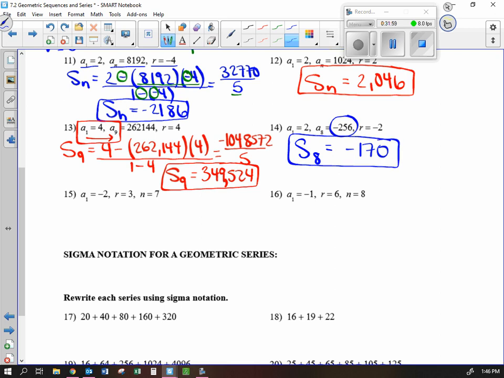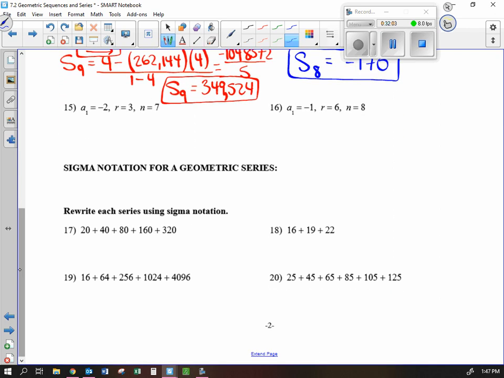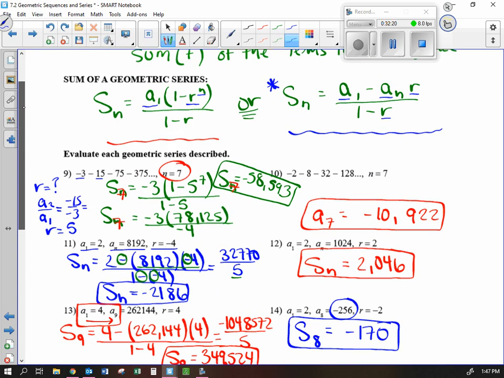Okay, so let's move down to 15. Again, we have to determine what we're given here, and then determine, based on that, what formula we're going to be using. We're given a sub 1 equals negative 2, we're given r equals 3, and we're given n equals 7.